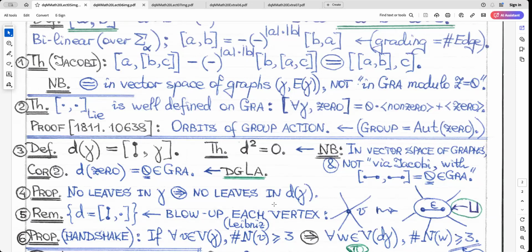The Jacobi identity promises that to whatever victim of d squared, we apply the bracket of the stick with the stick. And the bracket of the stick with the stick is a zero graph, because vertex, edge, vertex, edge, vertex. Zero graph. So in the Lie algebra, we apply to whatever victim a zero graph. And the Lie algebra promises us that the result would be a zero graph, so after taking the quotient, it will be 0.